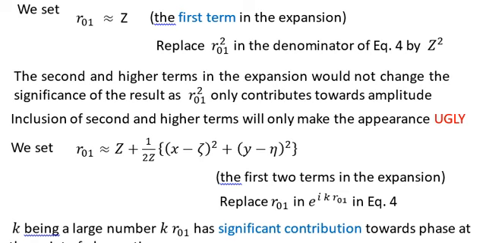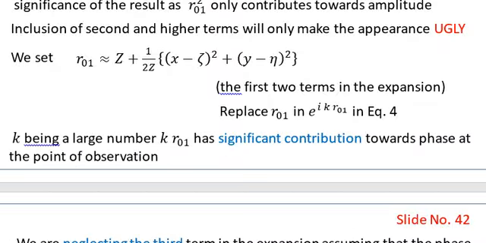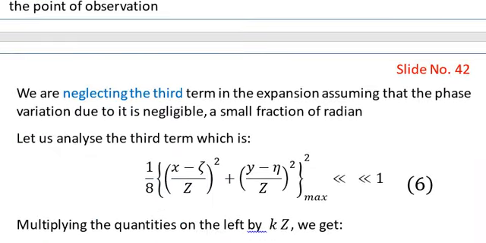So replace R01 in the e to the power iota k R01 expression, that is, in the exponent of e to the power iota k R01, by the first two terms that we have shown over here. k being a large number, k multiplied by R01 has a significant contribution towards the phase at the point of observation.